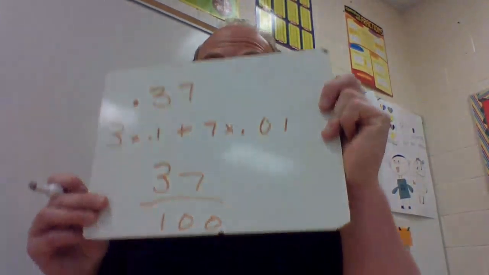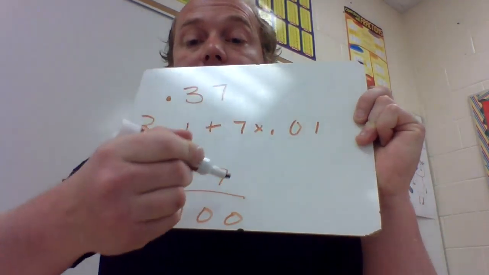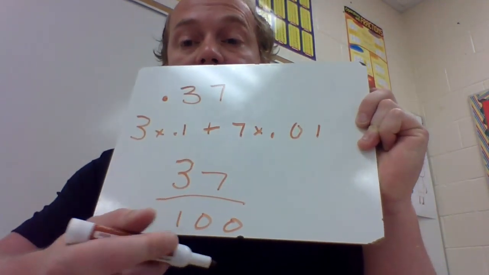Now, another way that this can be written for my 6th graders is 37 over 100. And the way that fraction is said is 37 hundredths.